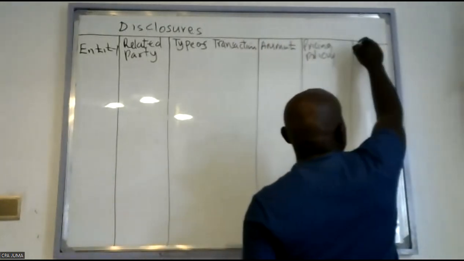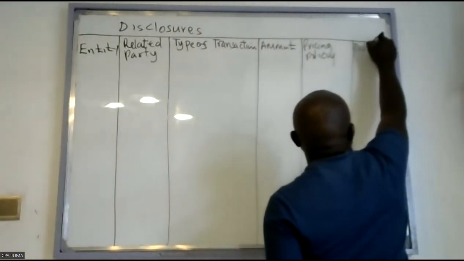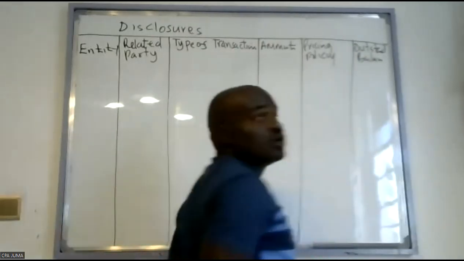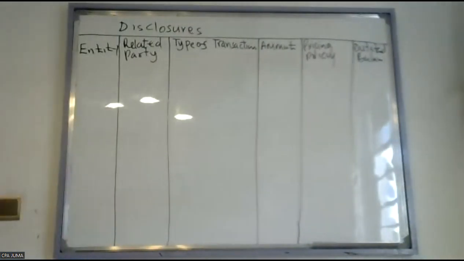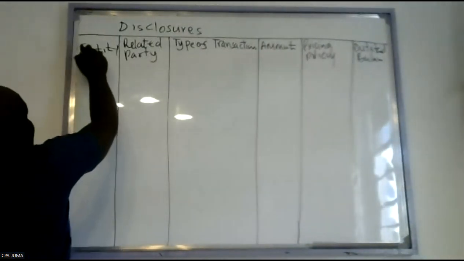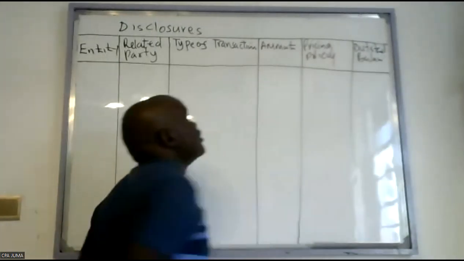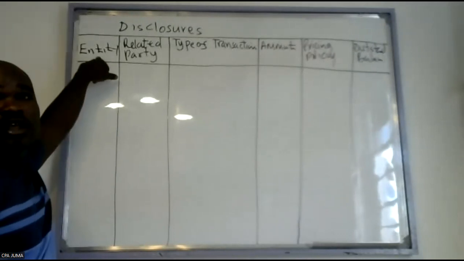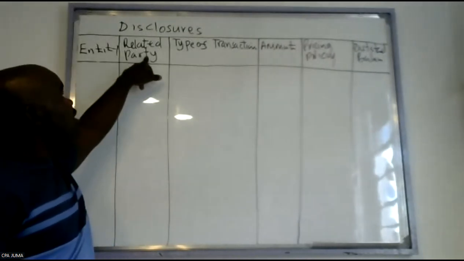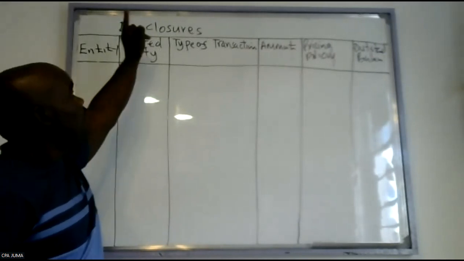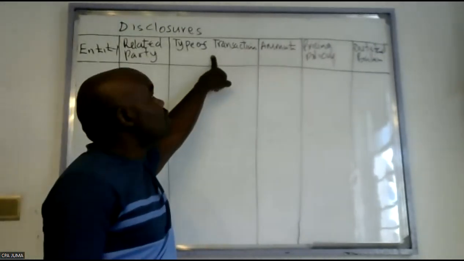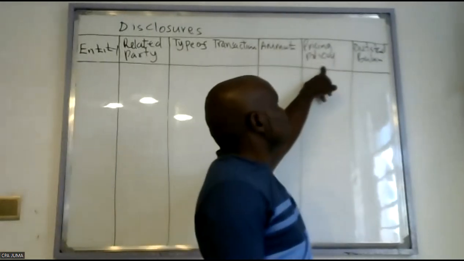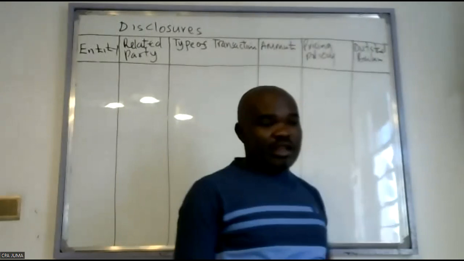Finally, outstanding balances. Yes, so you can have it that way. Just in case of visibility, here you give us the entity, related party, type of transaction, the amount, pricing policy, then outstanding balances.